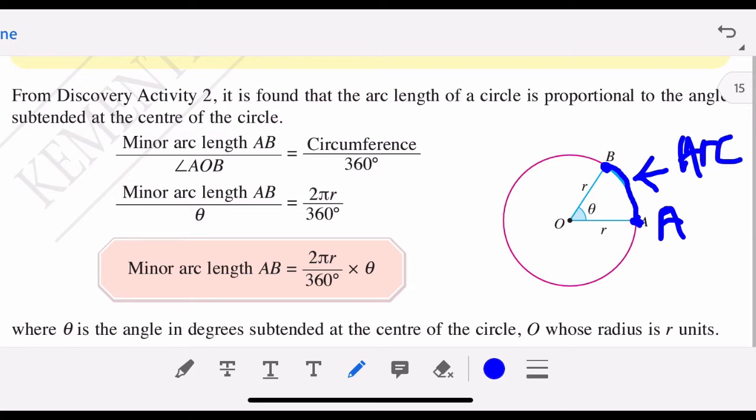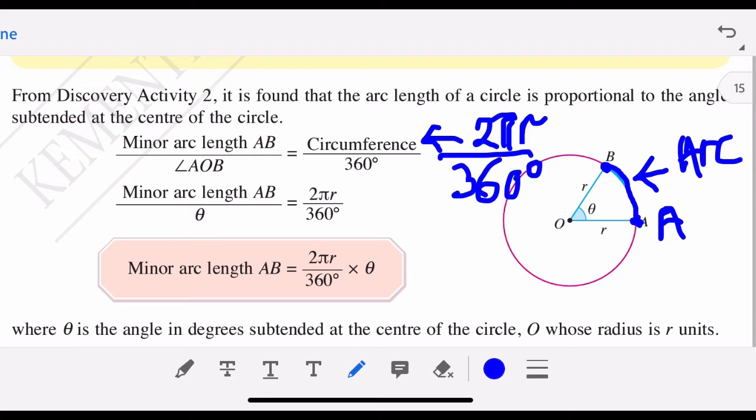As you have learned in lower forms, the circumference of a circle is 2 pi r, right? And the angle subtended by a circle is 360 degrees.